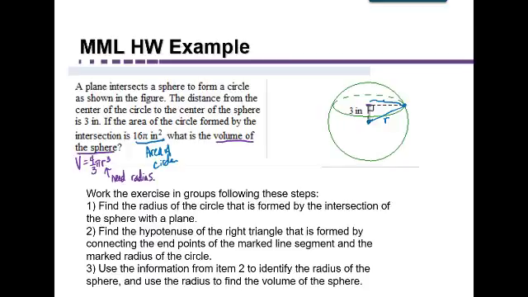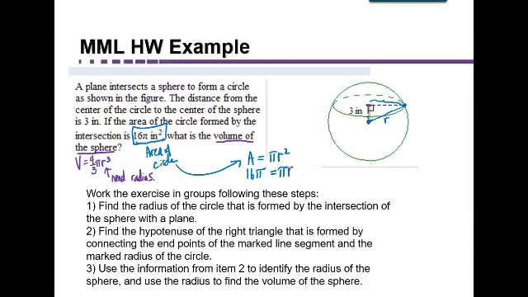What other piece of information do we have that relates to the radius of a circle in some way? They didn't give us the radius of the circle, but they did give us the area of the circle. And what is the area of a circle always equal to? Pi r squared. So they're telling us the area of this particular circle is 16 pi.